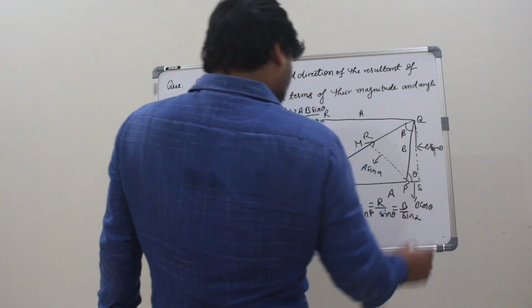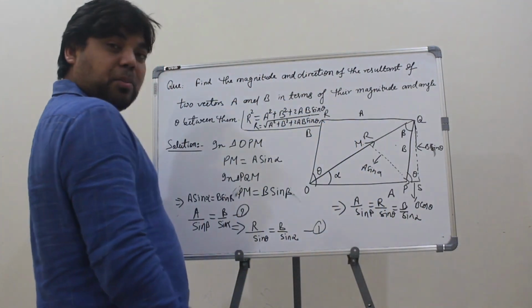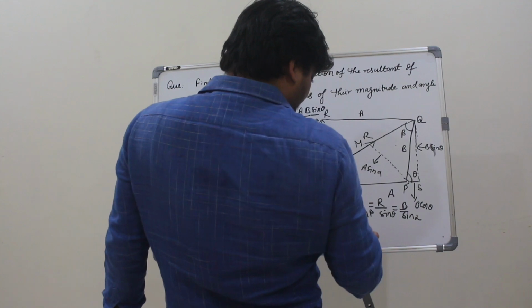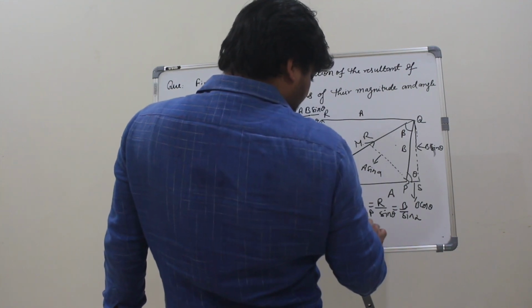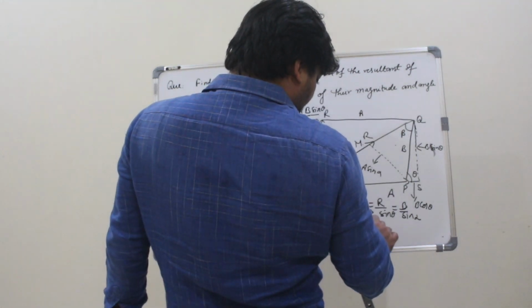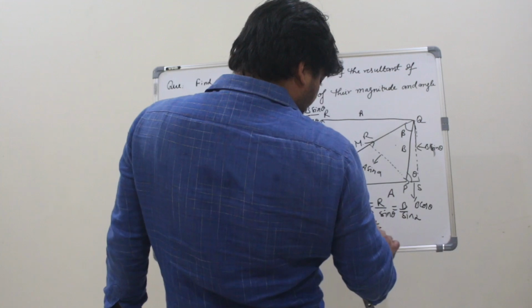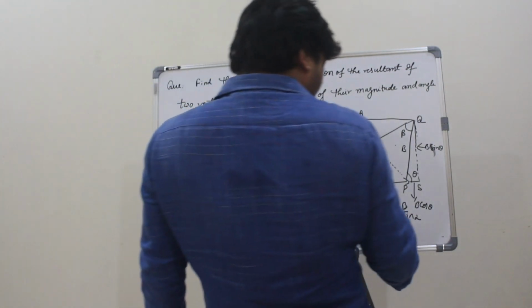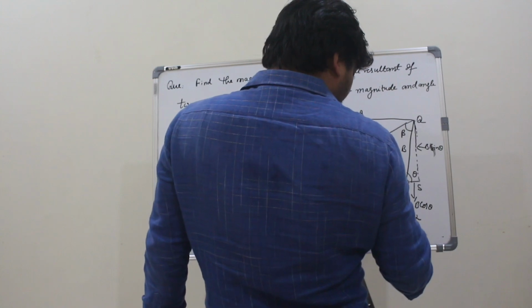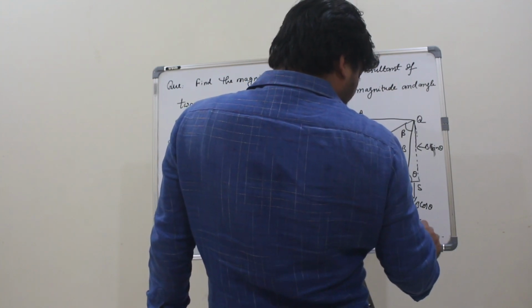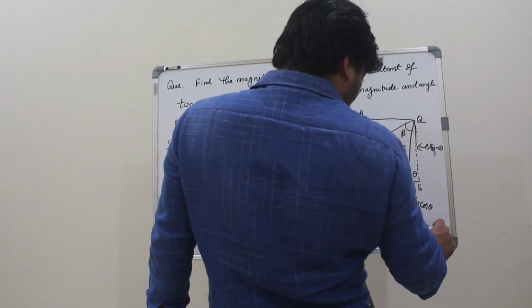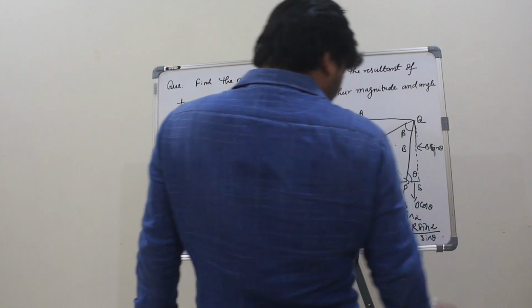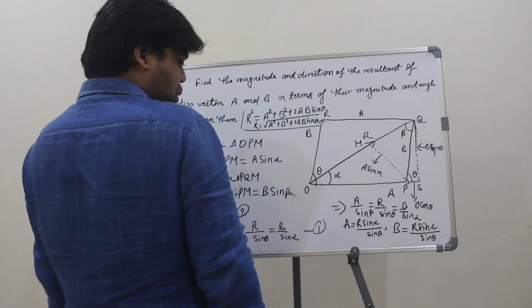Now if you want to calculate A and B in terms of R, A can be written as R sin beta upon sin theta, and B can be written as R sin alpha divided by sin theta.